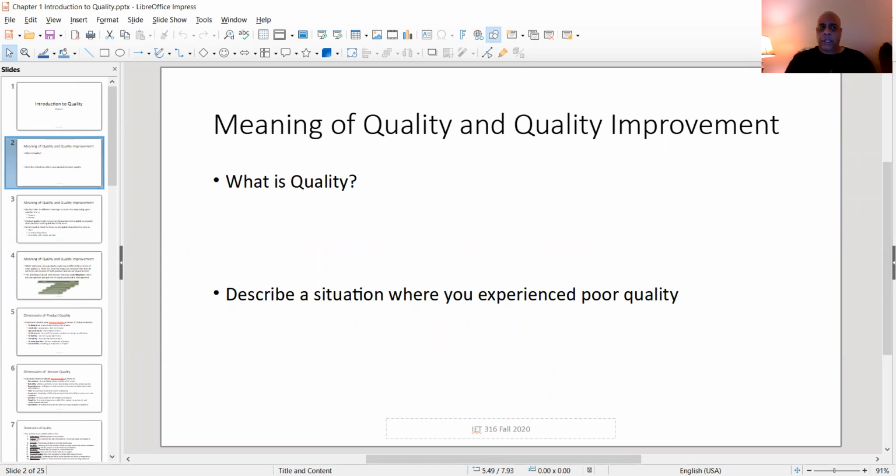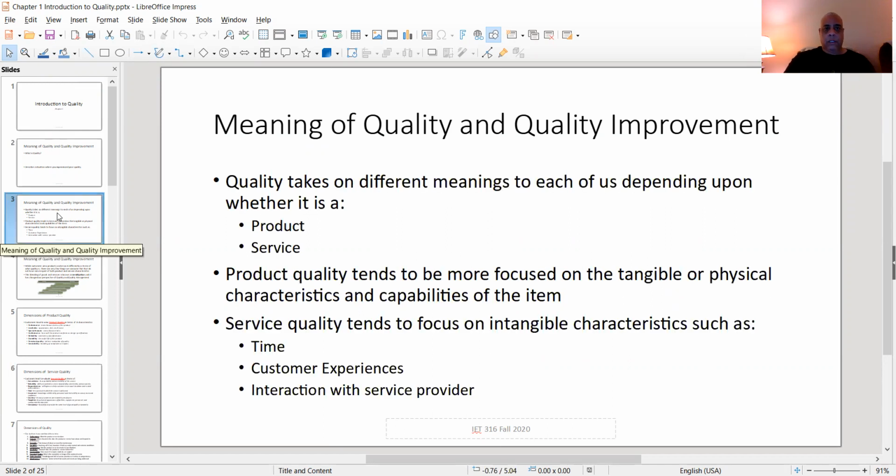So the first question is, what is quality? Describe a situation where you experienced poor quality. Well, the meaning of quality and quality improvement. And here's what you have to understand. Quality takes on a different meaning to each of us depending on whether it is a product or service.